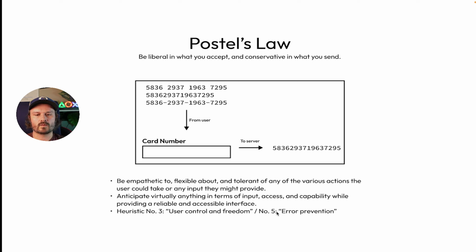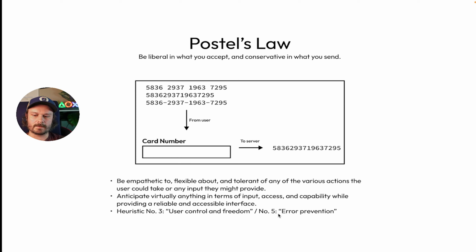And Postel's law also ties into usability heuristic number 5, which is error prevention. Error prevention is somewhat related to another user experience heuristic, I forget the exact definition of it, but it is useful and helpful error messages. While that heuristic is useful in situations where you're going to have errors, usability heuristic number 5 is error prevention.